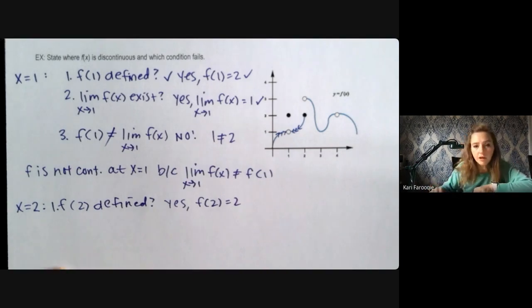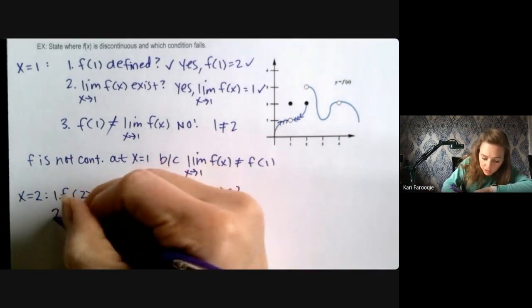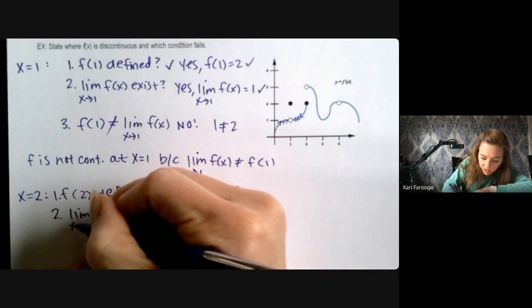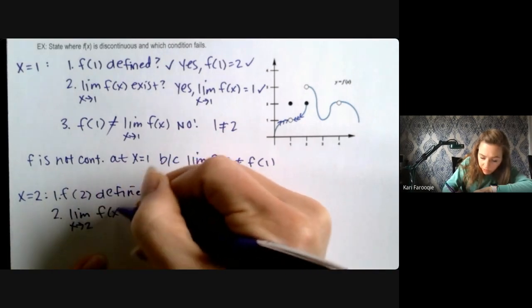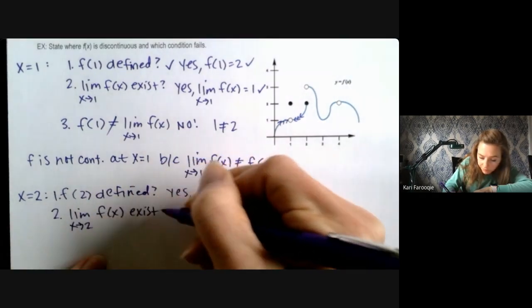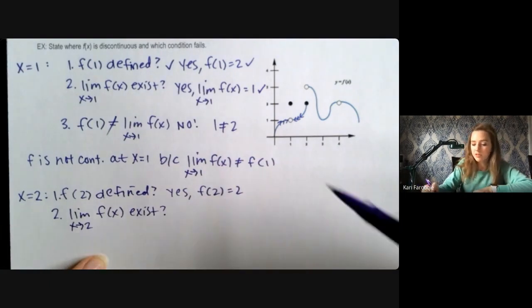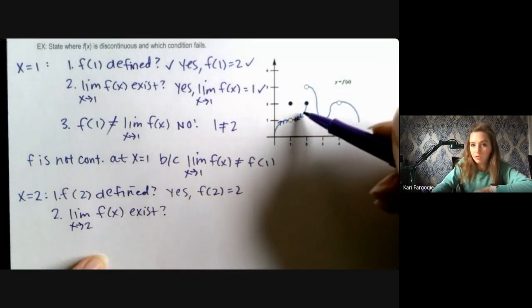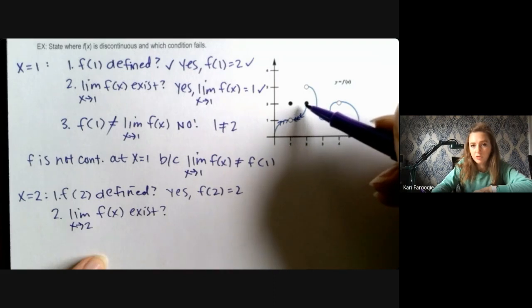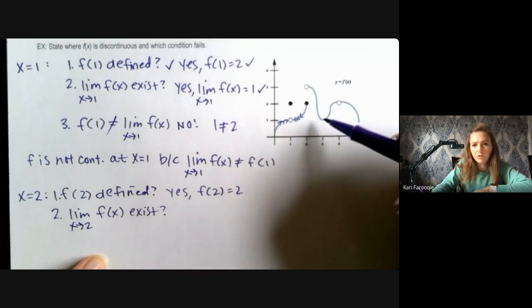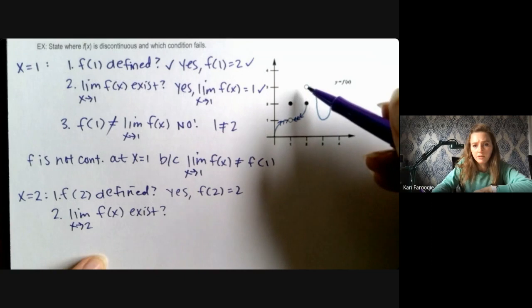Okay. The next thing we're going to determine is, does the limit as x approaches 2 of f of x exist? Well, you're going to look at this and say, okay, as I approach 2 from the left, the limit is 2. As I approach 2 from the right, the limit is 3.